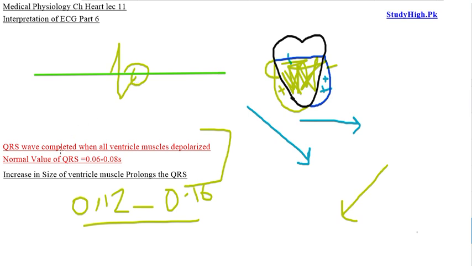Second, you must know the normal value of QRS, and that when the size of the ventricle increases, the muscle size increases, resulting in prolongation of the QRS complex. Another important concept that I have also revised in the previous lecture is that if this is your heart, this is a cardiac muscle, it consists of atria. What is the velocity of impulses that travel in atria and ventricles?